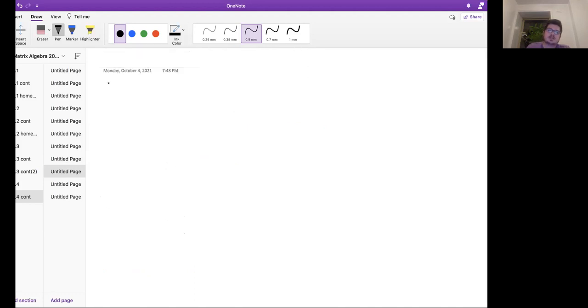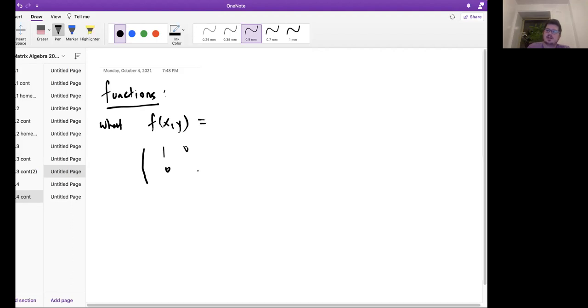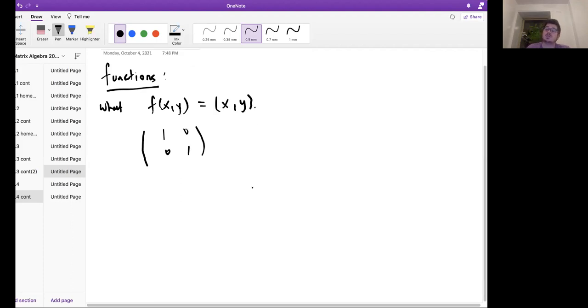So let's think about it in functions. What function is identity? If I have f of x, y, and I have 1, 0, 0, 1, the f of x, y is the do nothing function. So what's another way I can say inverse? If I have g of x, y, g inverse is the undoing function.